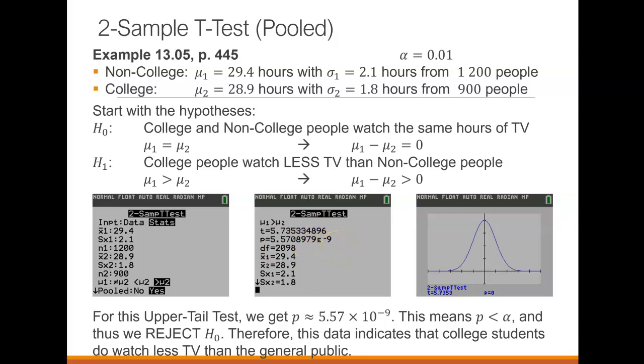Because you can't have a probability bigger than 1, right? So if we look at this, the p-value is less than alpha, so that rejects the null, indicating that college students do indeed watch less TV than the general public.